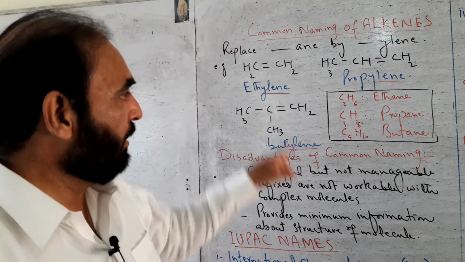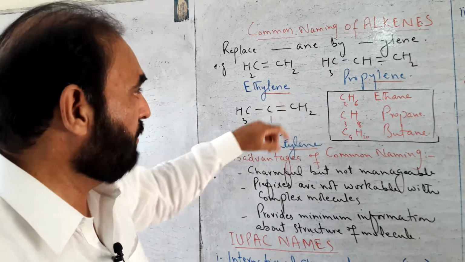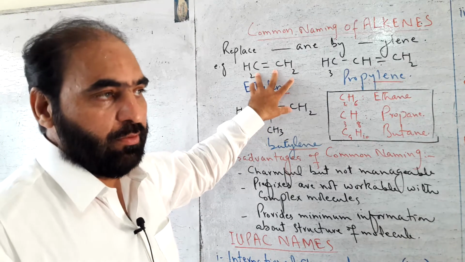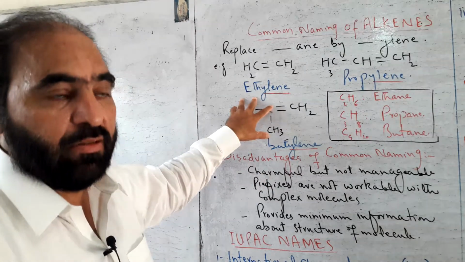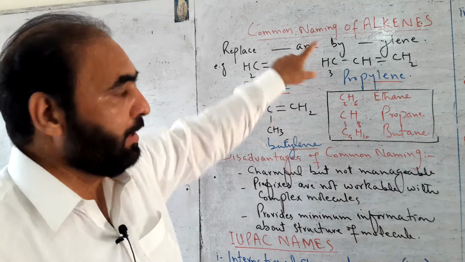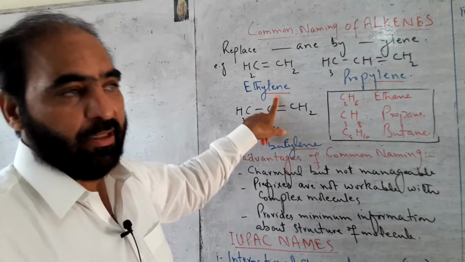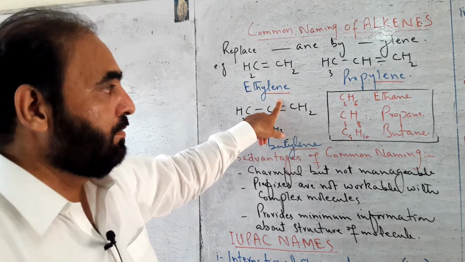In this way, we get common name of corresponding alkene. For example, when we have alkene with two carbon atoms, doubly bonded to each other, its common name by this method will become ethylene. Ane has been replaced by ylene.